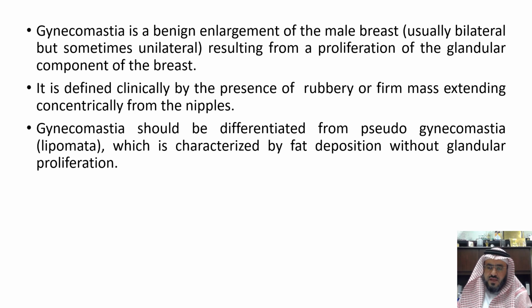When there is only fat accumulation rather than glandular proliferation by hand palpation, we call it lipomastia. Lipomastia means pseudogynecomastia, which means there is no real gynecomastia. It is pseudo, it is false, it's only fat. So the only treatment for this is just losing body weight.